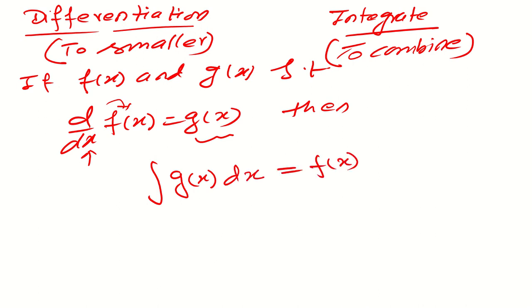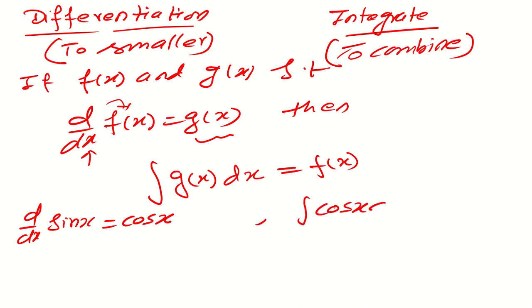This is the sign of integration. Now here we can consider a few examples. What is the differentiation of sine x? Cos x. So it means the integration of cos x with respect to x should be sine x. No problem in this.